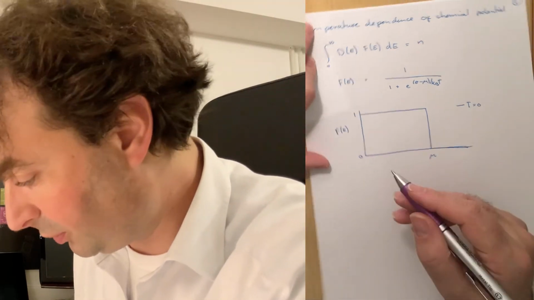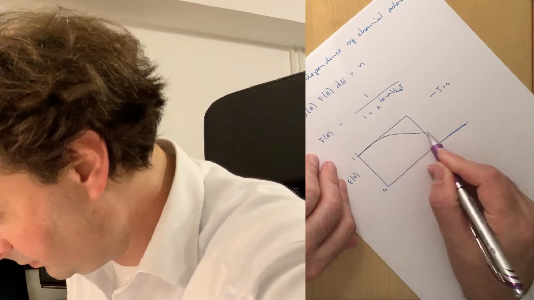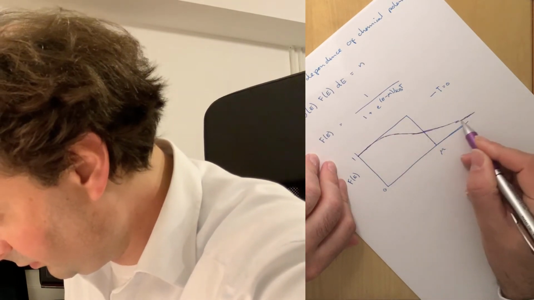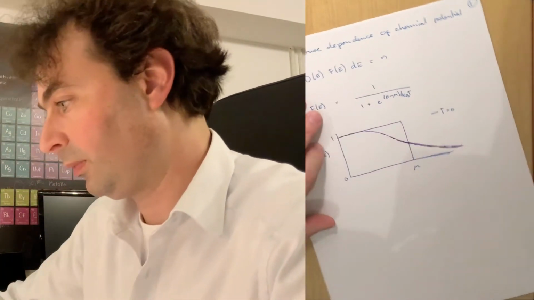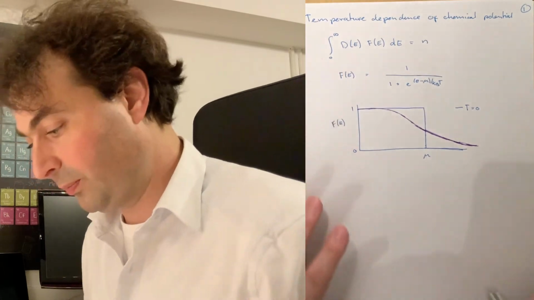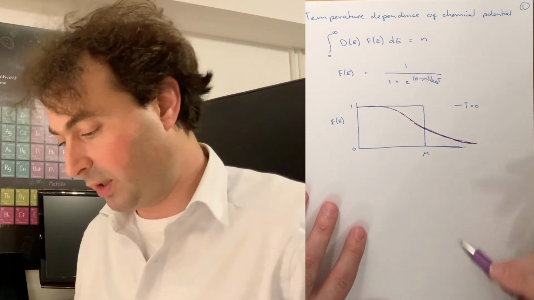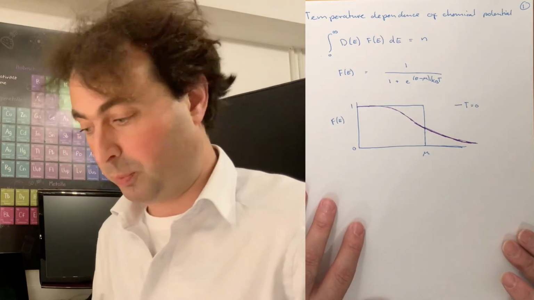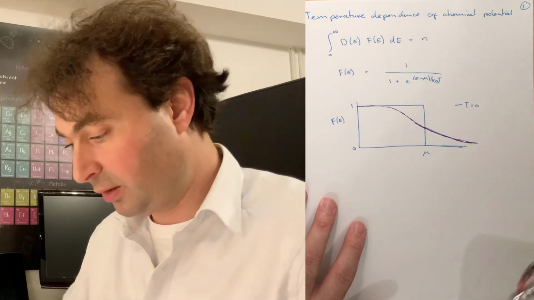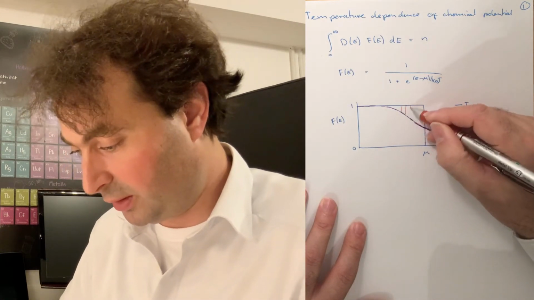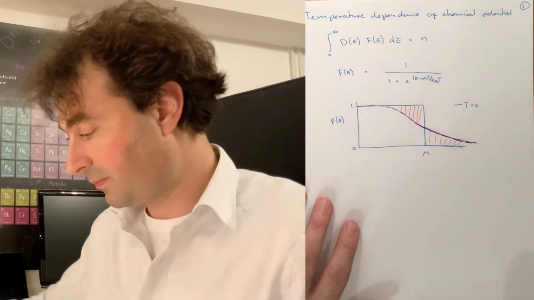And at larger temperatures, this is a function where you lose occupation below the chemical potential and you gain occupation above the chemical potential. And the function is symmetric, such that the volume here is equal to the volume there.